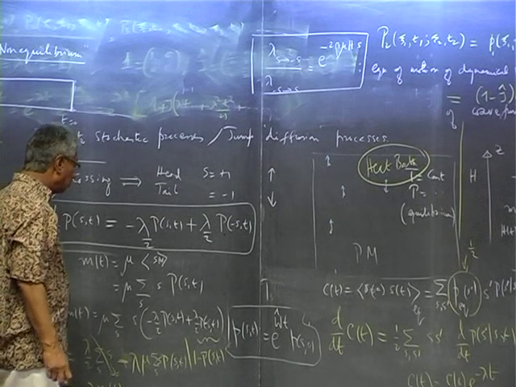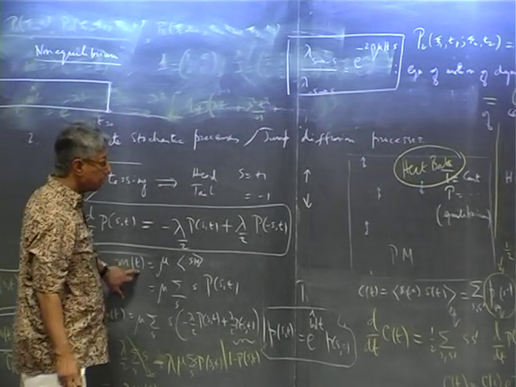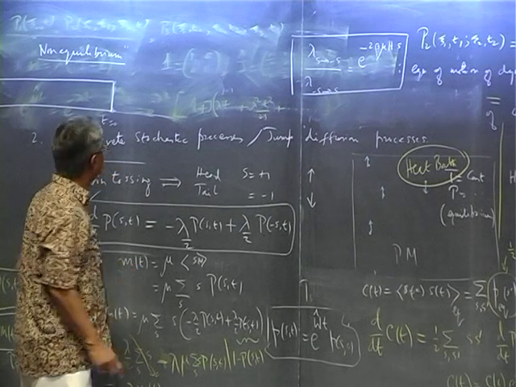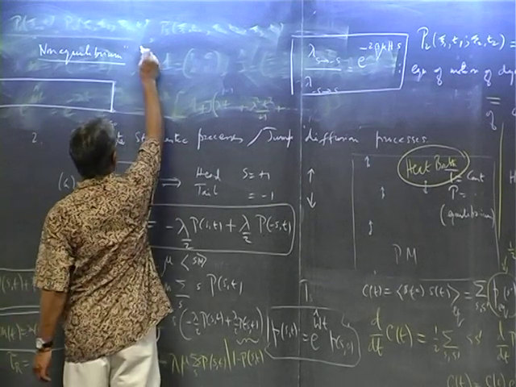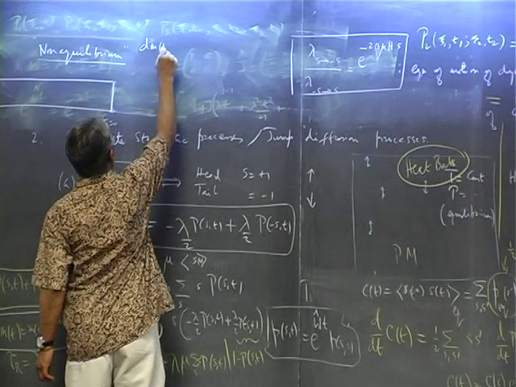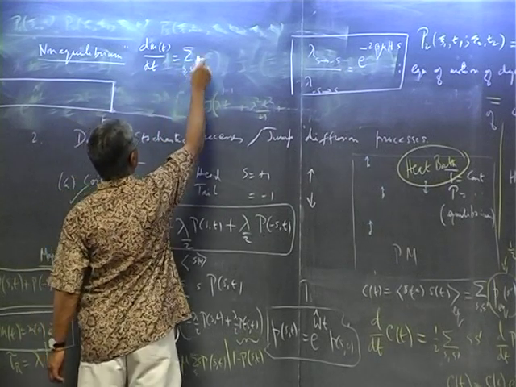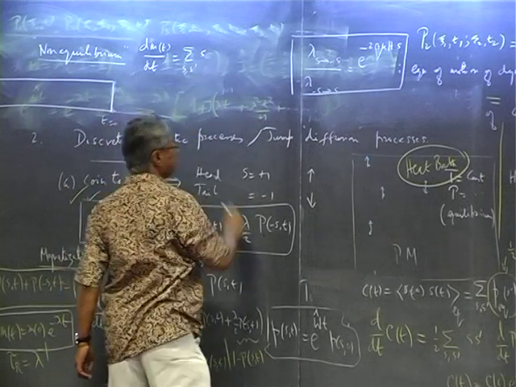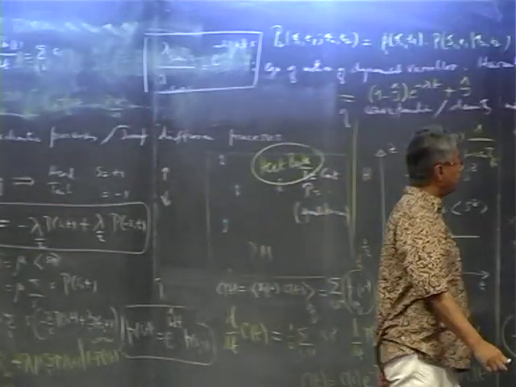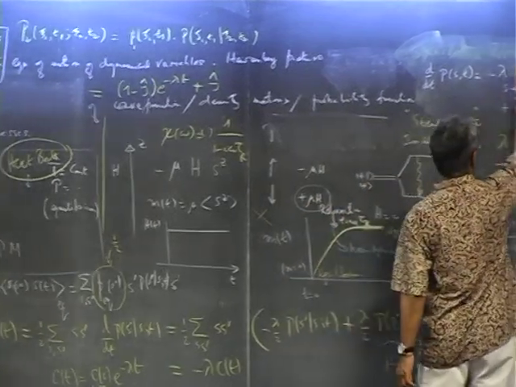So what do I have now? Now I want to do the same calculation for m of t. So now my dm/dt is equal to the summation over s of s dP_s/dt, and dP_s/dt has this structure.